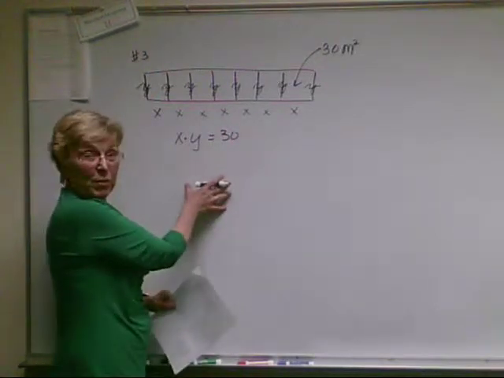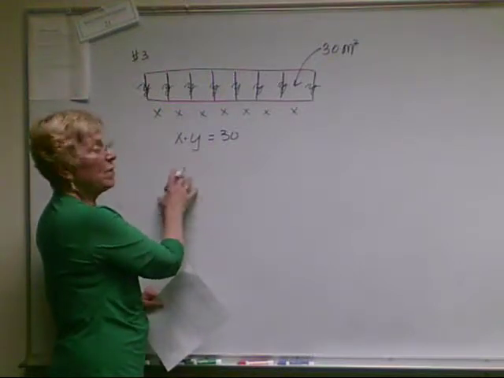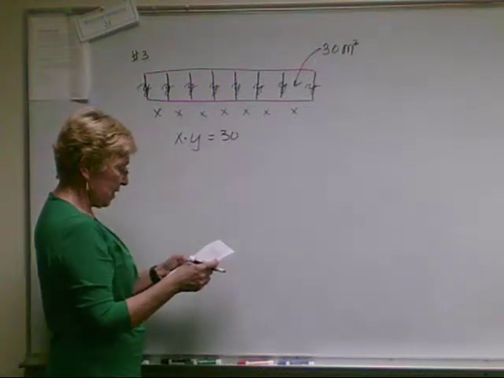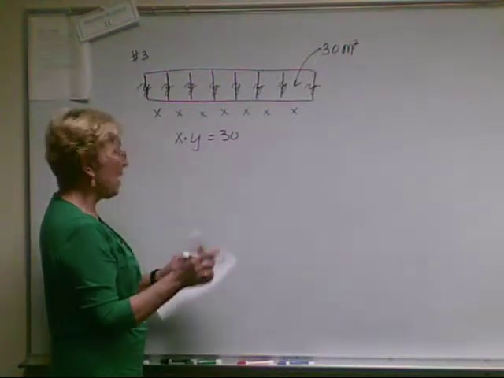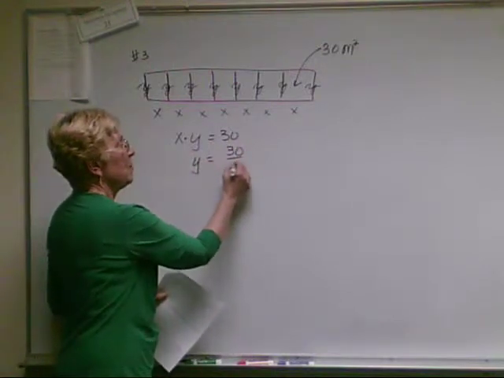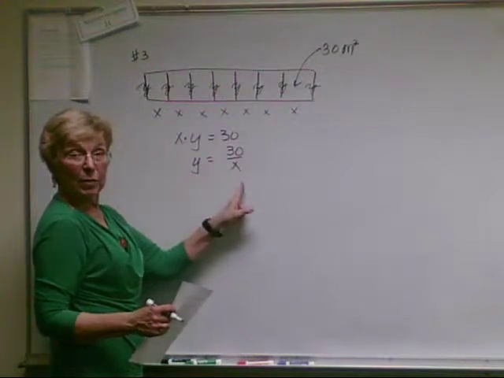This is single variable calculus, so we want to write one variable in terms of the other. For example, I solved for y, and I said y is equal to 30 divided by x. That means every time I see a y, I can replace it with that.